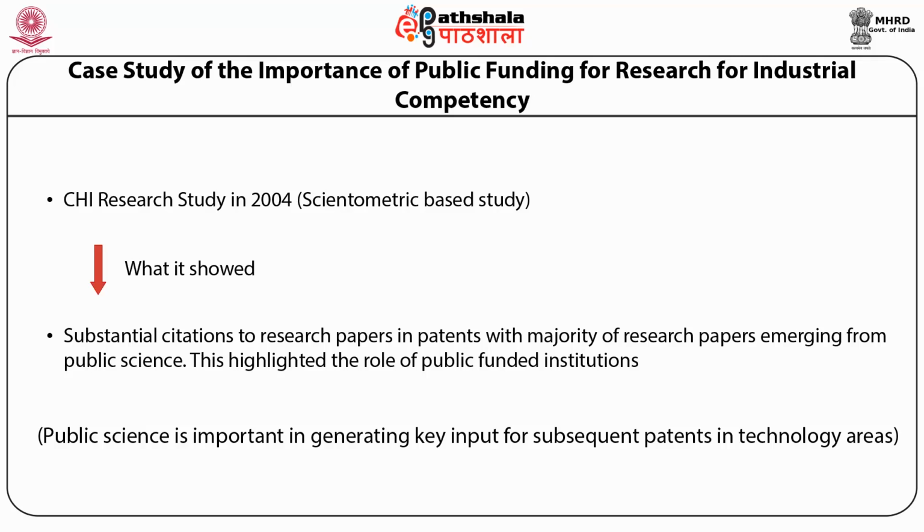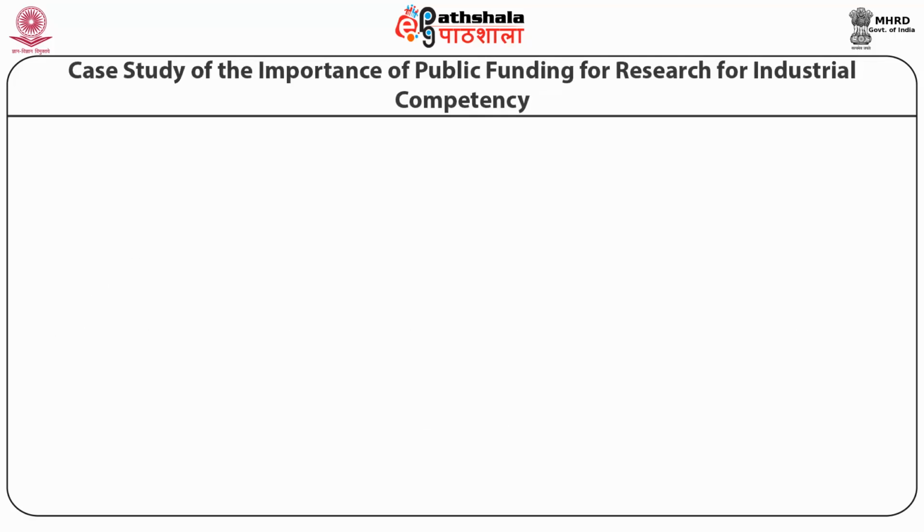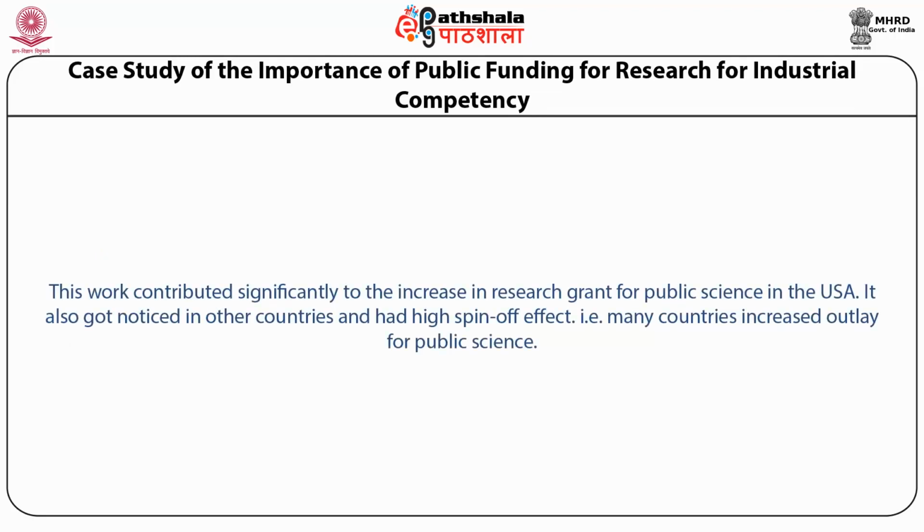This highlighted the role of publicly funded institutions. It led to an increase in research grants for public sciences in the USA. It also got noticed in other countries and had a high spin-off effect. That is, many countries increased outlay for public science.